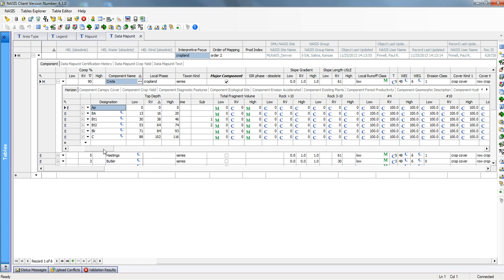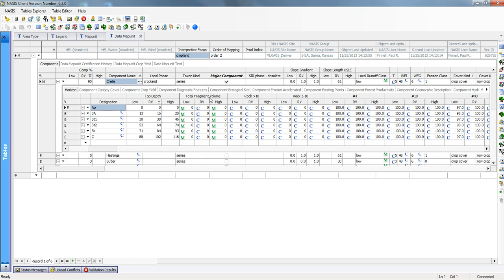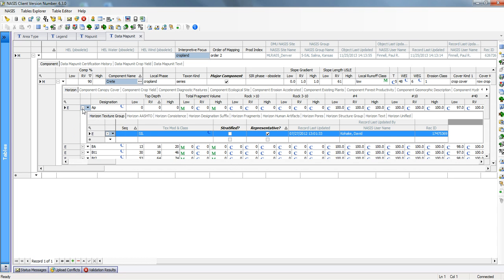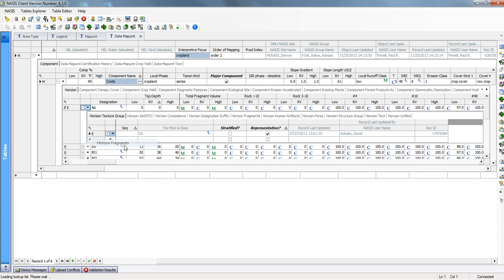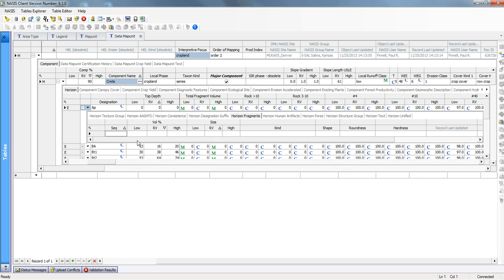So now I can look at the designations and the depths and see basically where I'm at in the soil. Now we've got the total fragment volume, and historically the information contained in the horizon table has always been information by weight. The horizon fragment table was by volume. One of the things that we wanted the ability to do was to identify in that particular horizon what is the total fragment volume within that horizon.